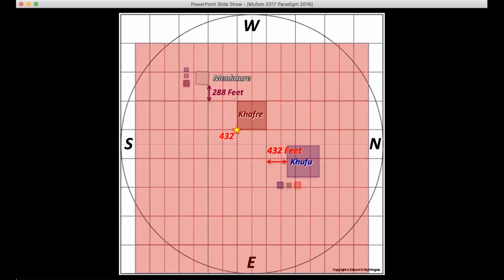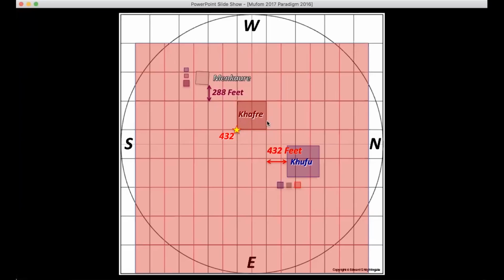So we can see we've got Khafra, the pyramid that we got the angle of the Pythagorean triangle from. We're going to set that right dead center in the sixth unit up from the bottom, and that will be 1 unit of our 9 units, in the sixth position up.